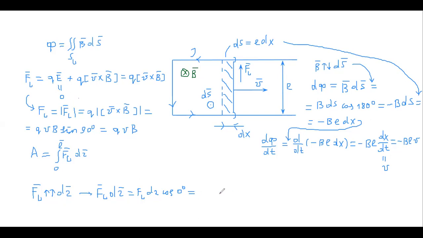And cosine of 0 is equal to 1. So this is equal to F_L dr.